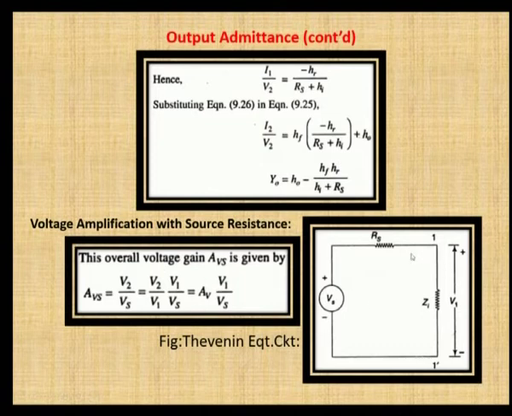With the source resistance, in the sense you have to assume the input side of the circuit as a Thevenin equivalent circuit. So, you will be getting AV as V1 by Vs. We know that for the Thevenin equivalent circuit, the resistance must be connected in series with the source.